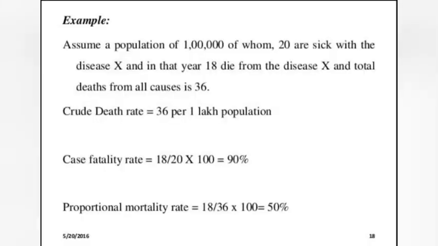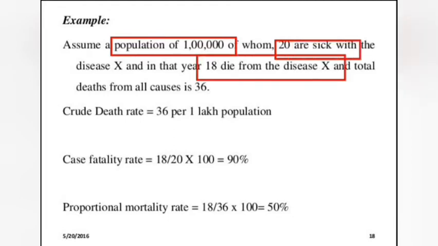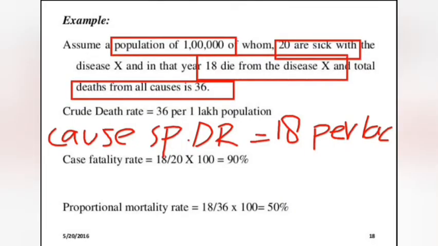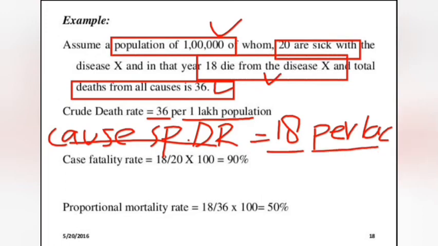Let's take an example. Assume a population of 1 lakh, of whom 20 are sick from a disease X in that year, and 18 die from the disease X, and total deaths are 36 from all the causes. So the crude death rate would be all deaths per mid-year population, meaning 36 per 1 lakh. When we talk about cause specific death rate, it would be deaths from a specific cause, meaning 18 from the disease X per whole mid-year population, meaning 18 per 100,000.